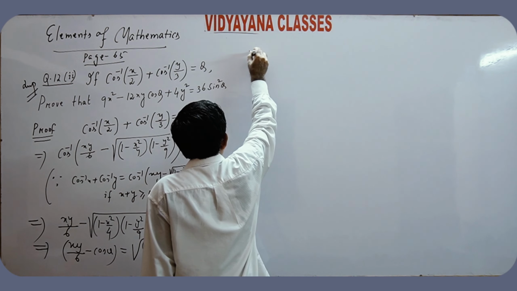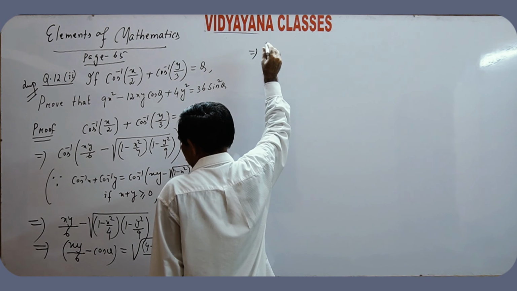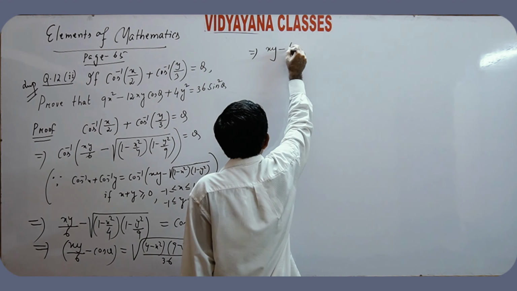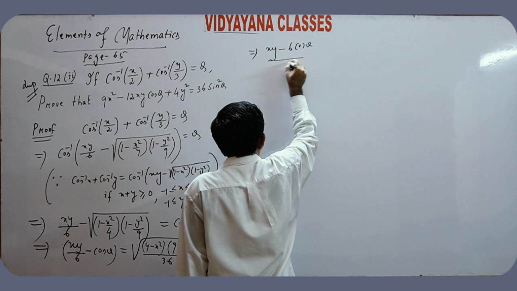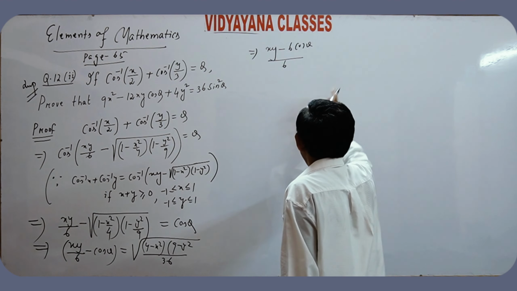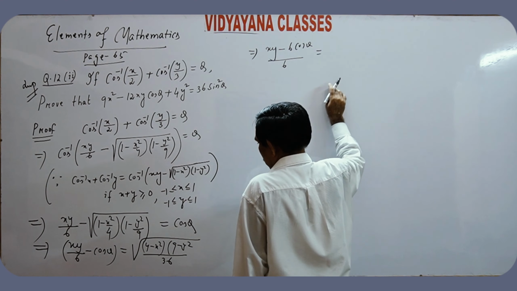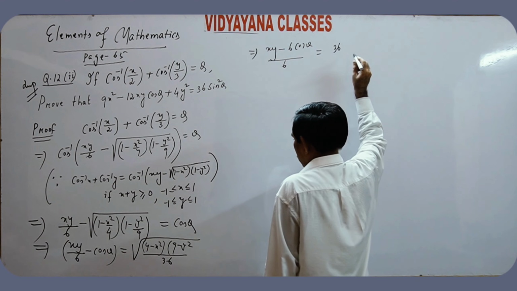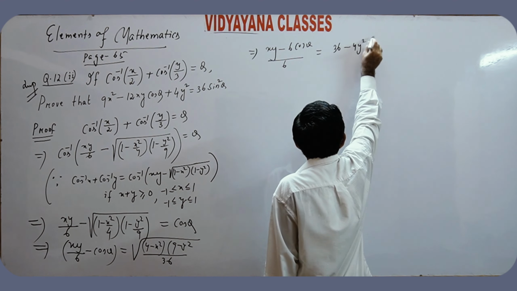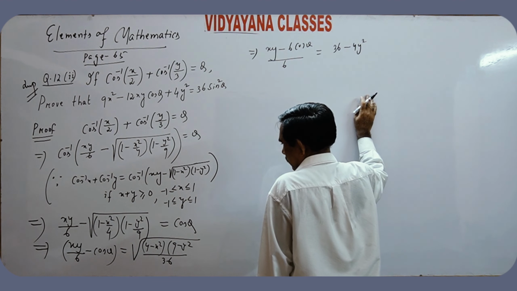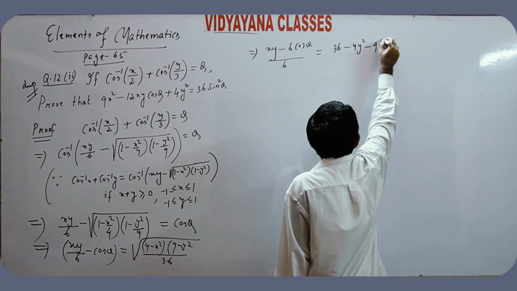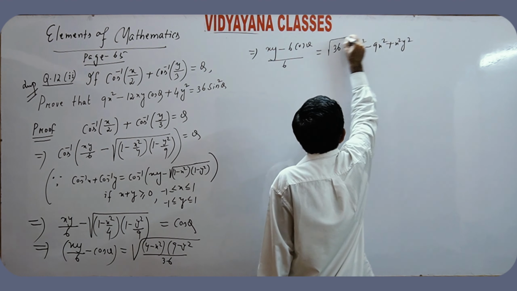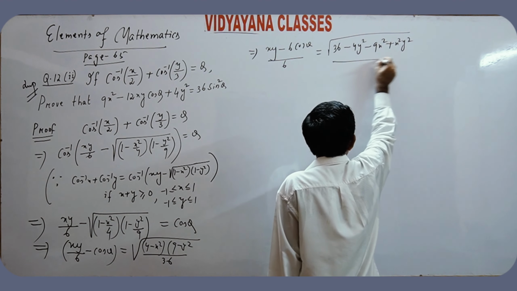Which is the same as xy minus 6 cos theta divided by 6 is equal to root of 36 minus 4y square minus 9x square plus x square y square, divided by 6.